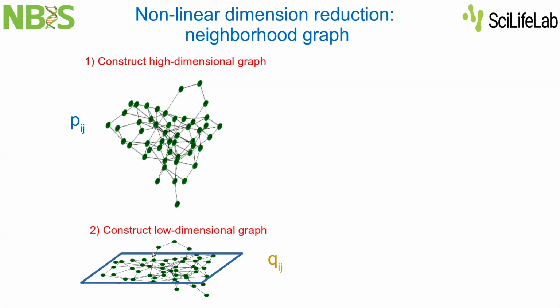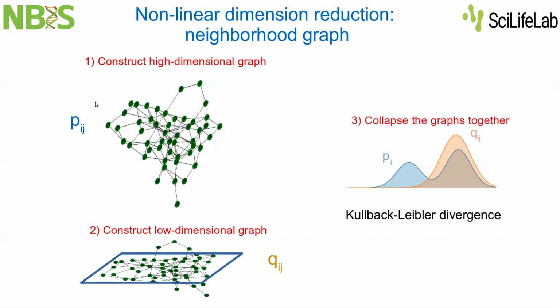And if you're familiar with Bayesian stats and the variational Bayes approach, it's very similar. If you can't learn the original posterior distribution, you create some approximation, and in step number 3, you use a cost function, which in the case of t-SNE is the Kullback-Leibler divergence.